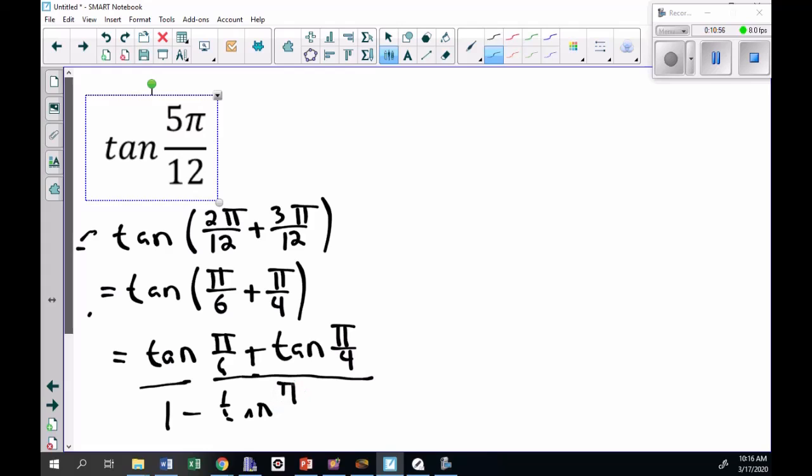So pi over 6, and then tan pi over 4. And that's just from the formula sheet again.